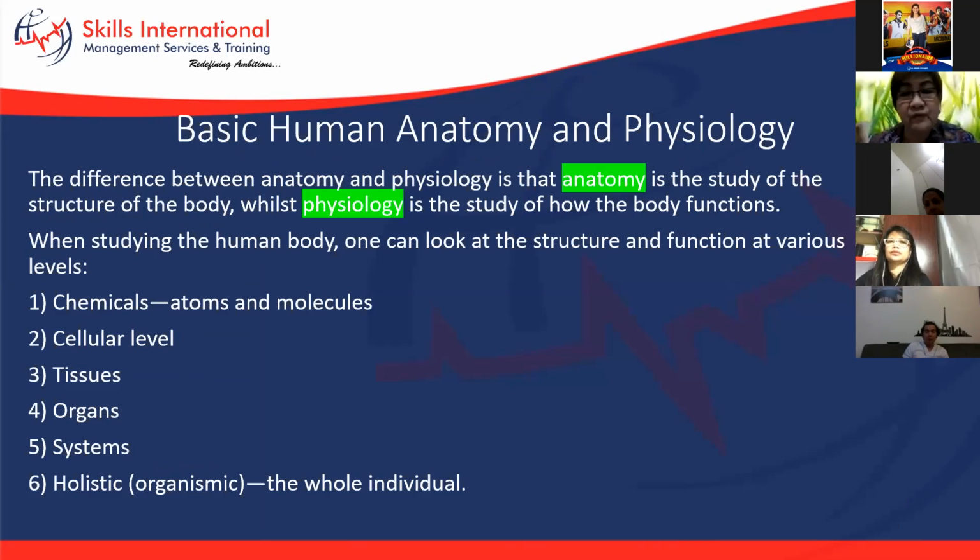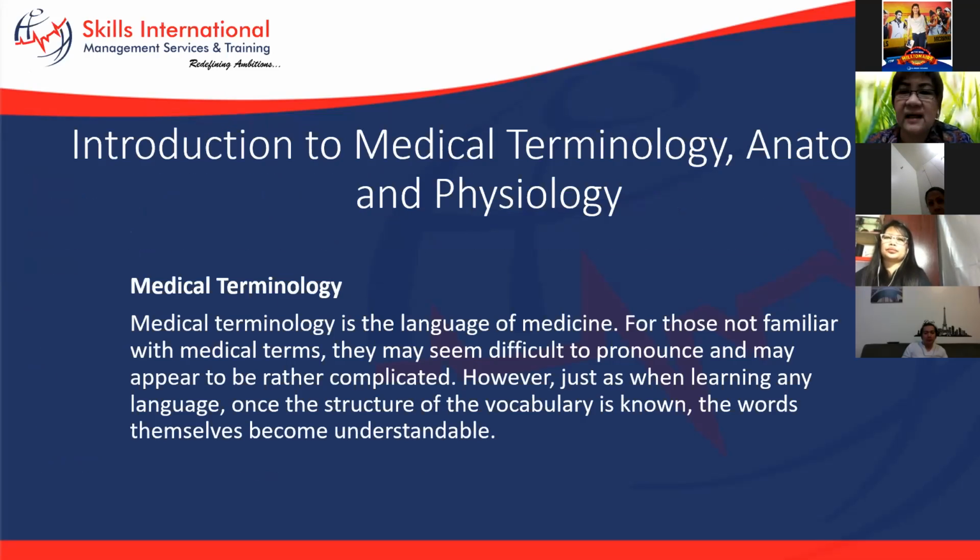The human function is called physiology, and the study of the structure of the human body is anatomy. We are going to discuss medical terminology after this, which is the language of medicine.